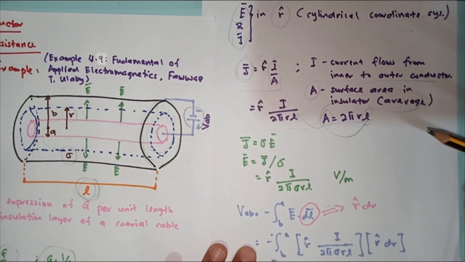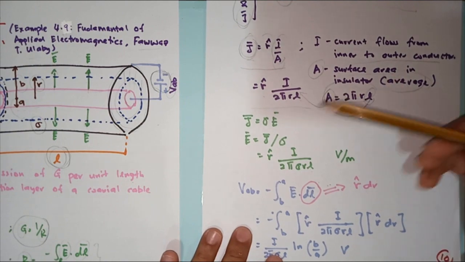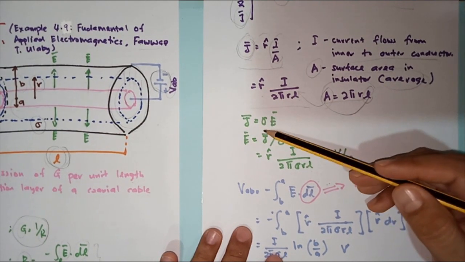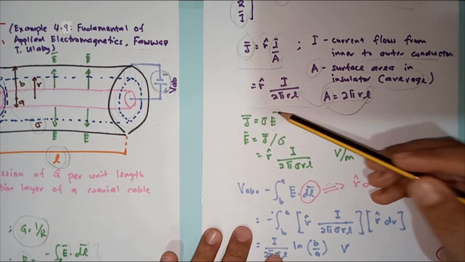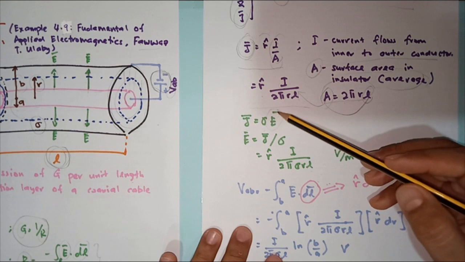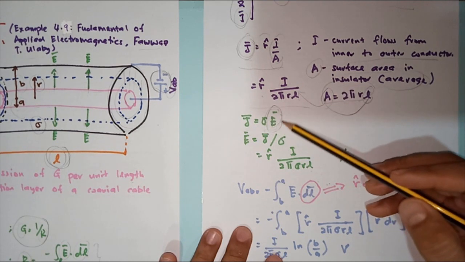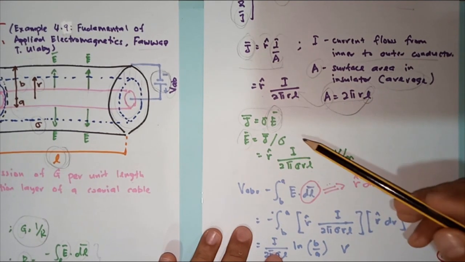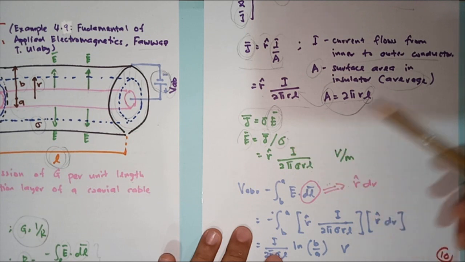At the same time, by referring to Ohm's law, the vector J is equal to sigma multiplied by the vector E. We want to find the expression for the vector E, so we can rearrange the equation. Then the vector E is equal to the vector J divided by sigma.